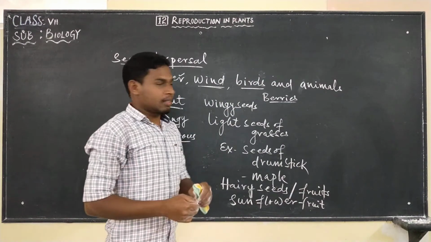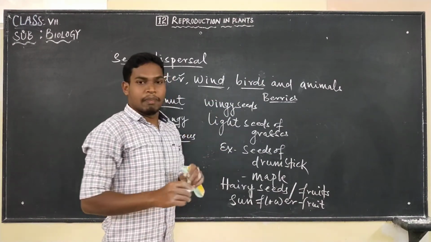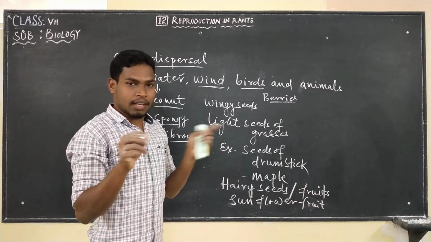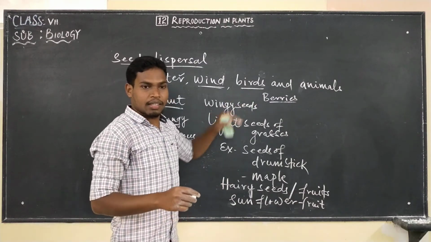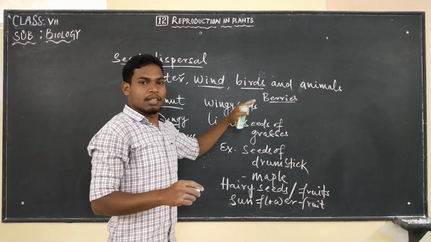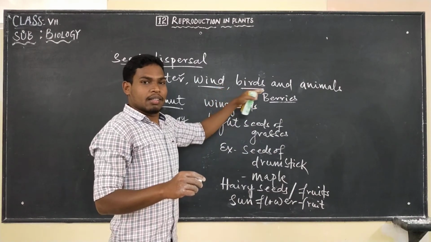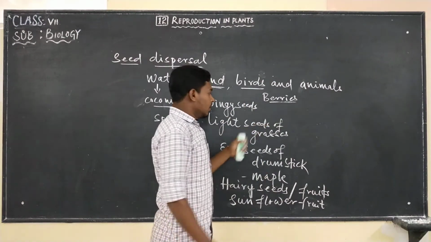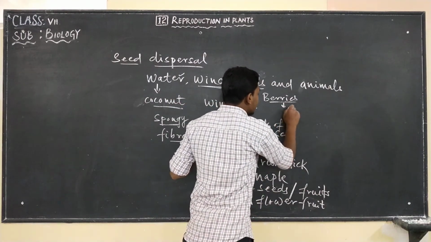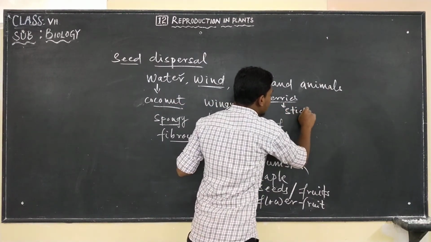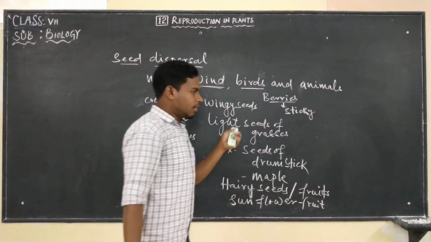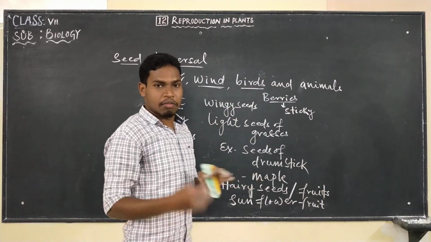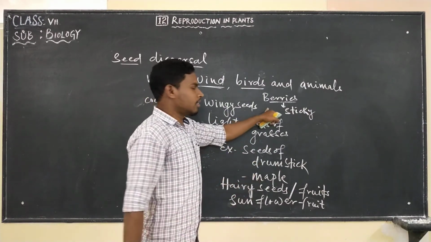If the birds try to eat the fruits like berries, these fruits get stuck into their beaks. And these berries are having what? They are sticky in nature. These berries get stuck into their beaks, and these birds are responsible for dispersing the seeds.